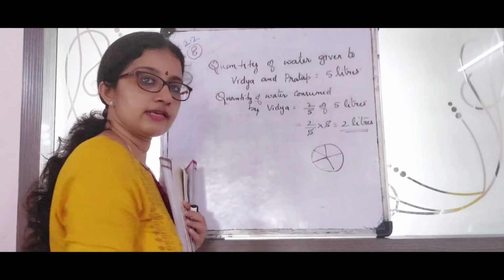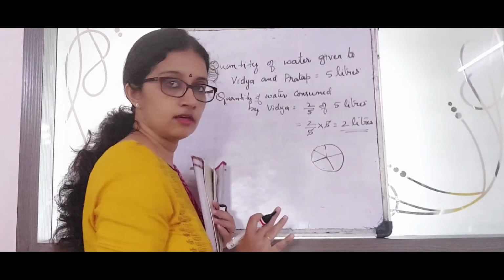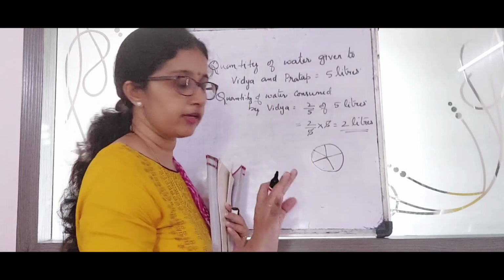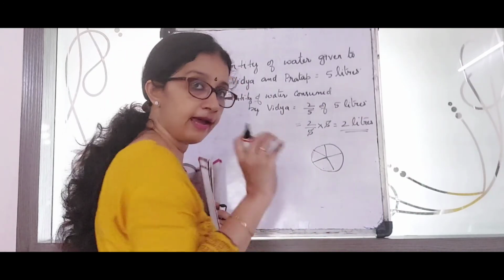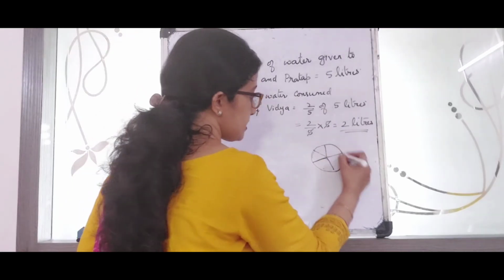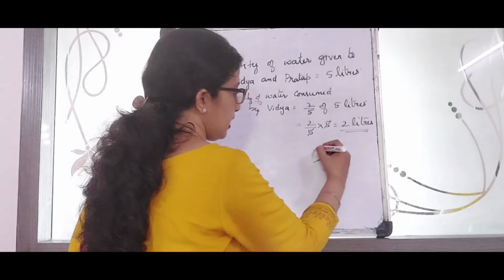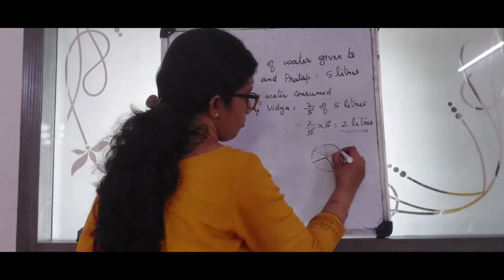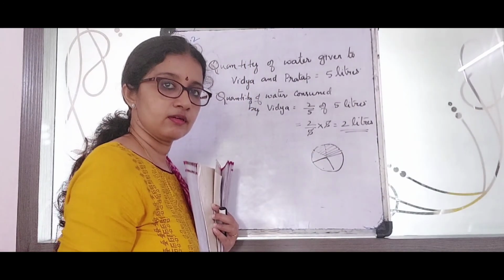This has been divided into 5 parts. Let's assume it's not water, it's some pizza or something. So Vidya had 2/5 of the pizza. That means the pizza has been divided into 5 parts, and out of that, these 2 parts Vidya had.